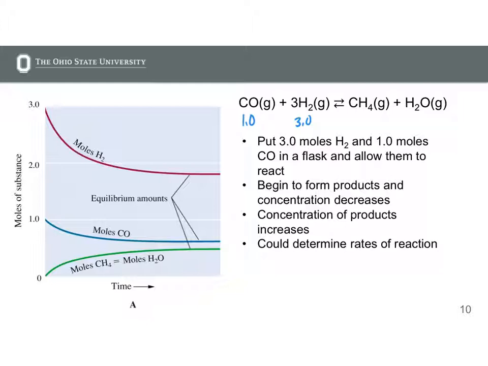So after a certain point, and you can kind of eyeball this, maybe this point in time, the concentrations of reactants and products are no longer changing. I'll put in brackets: concentration of reactants and concentration of products are no longer changing.